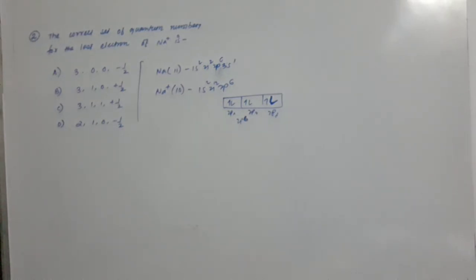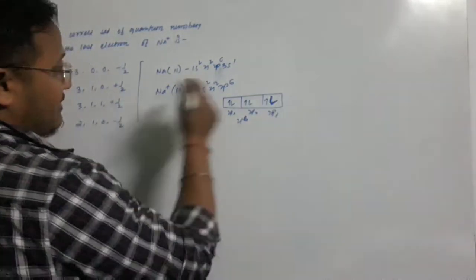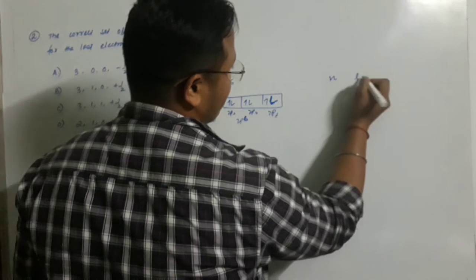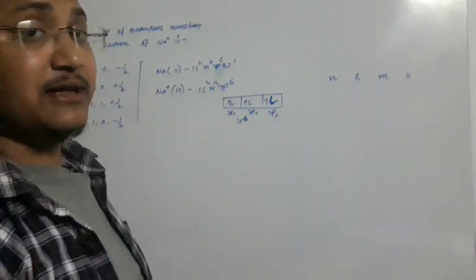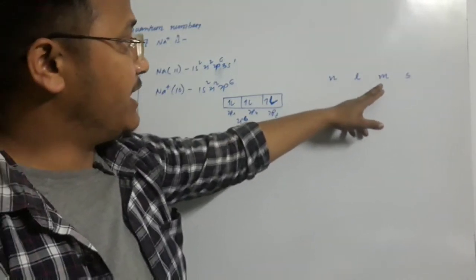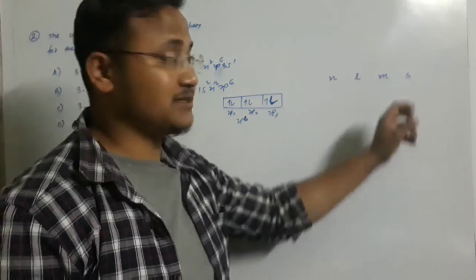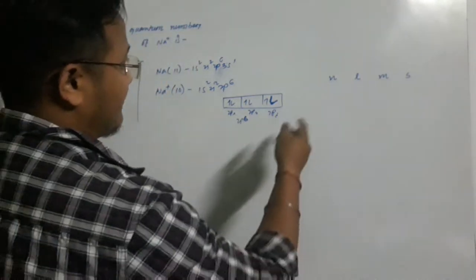Now for this electron we have to examine the values of n, l, m and s. That means n is the principal quantum number, l is the azimuthal quantum number, m is the magnetic quantum number, and s is the spin quantum number.